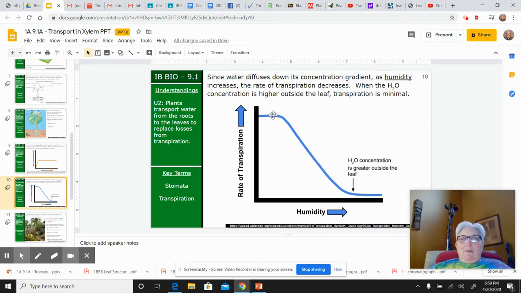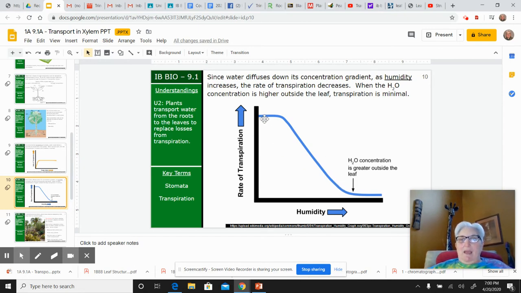Because as we are giving off more and more water from the plant, that water has to diffuse into the atmosphere. And water, of course, diffuses down a concentration gradient. So if there becomes more water in the atmosphere than in our plant, transpiration is going to stop.